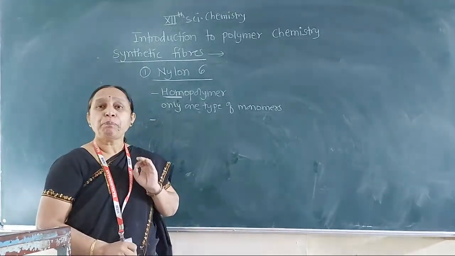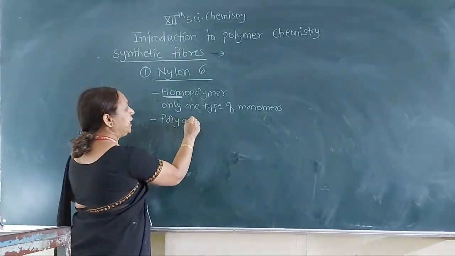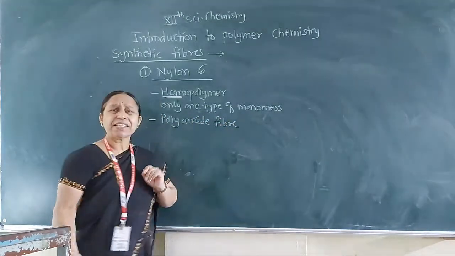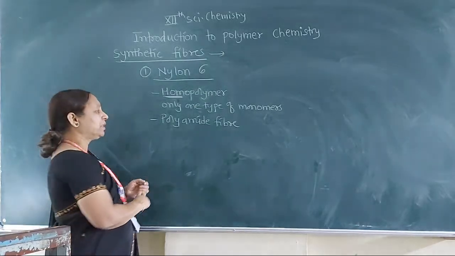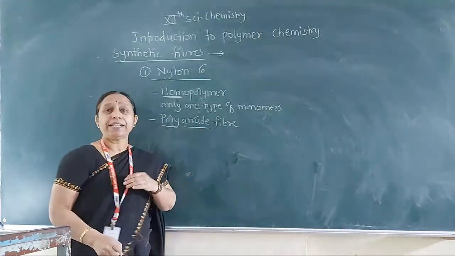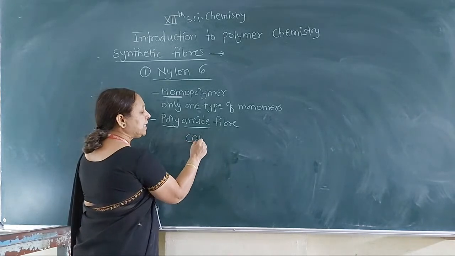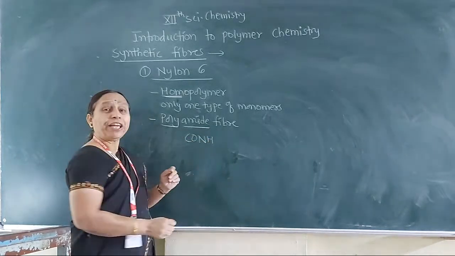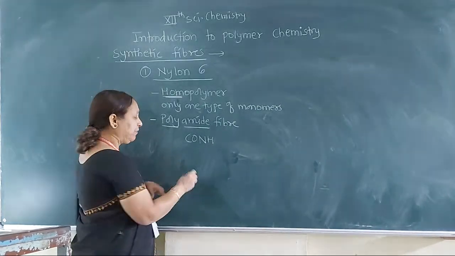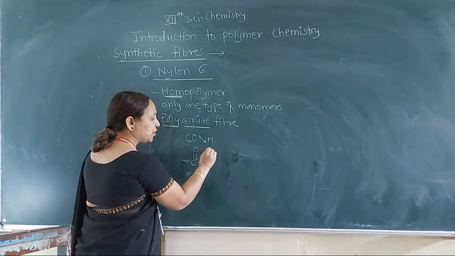This is polyamide fiber. Why is this polyamide fiber? Poly indicates many and amide indicates amide linkage, and the amide linkage is CONH. We can write this linkage in the double bond or separate form as C double bond O, NH.